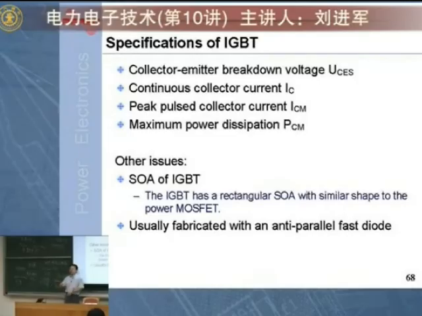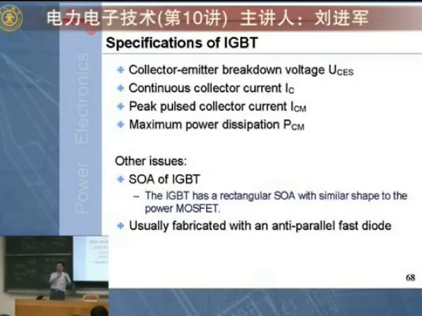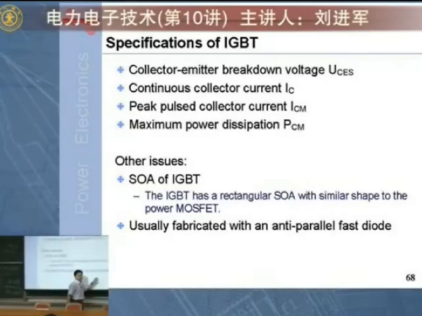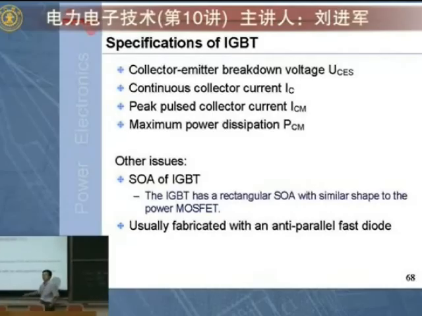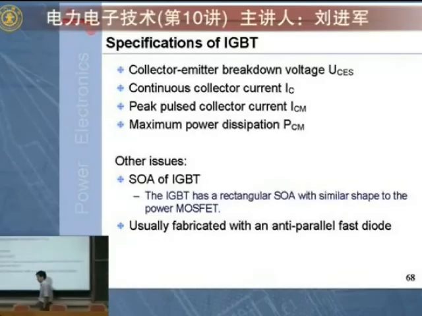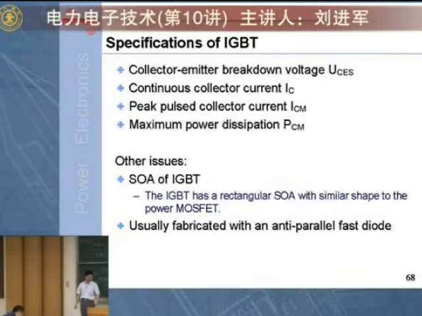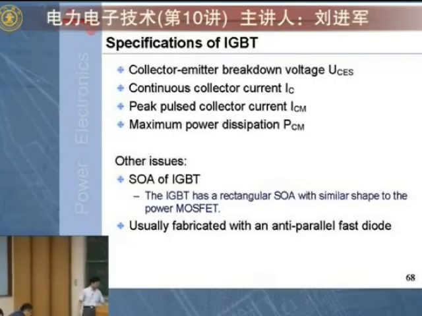Because in the future, when you make a power converter, you always use one fully controlled device with a diode. You always have to use a diode. So in order to facilitate the usage of IGBT, the companies also fabricate an anti-parallel fast diode side by side with the IGBT. Because in the future, when you use power converters, you always use it like this. Okay?